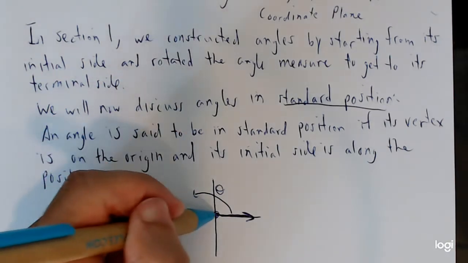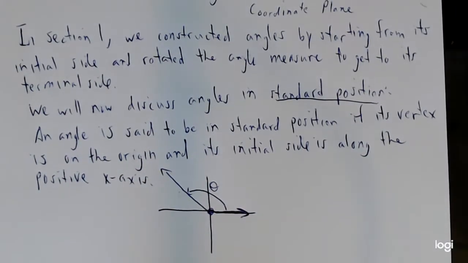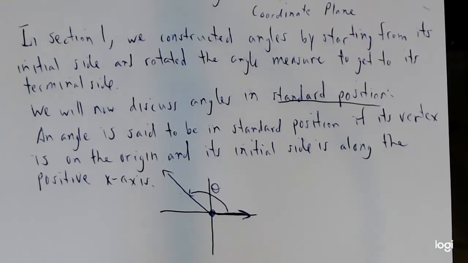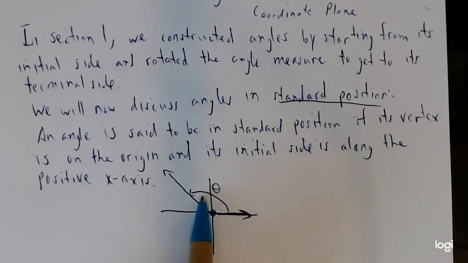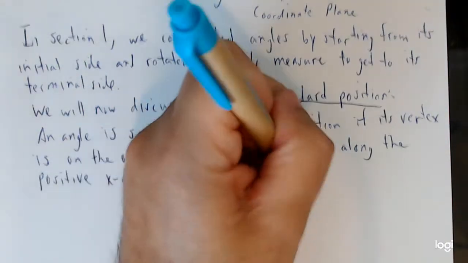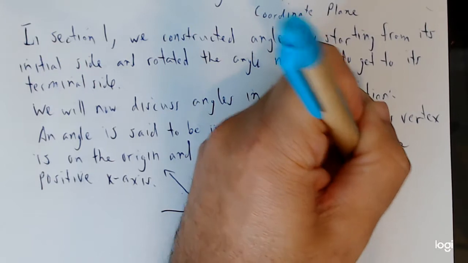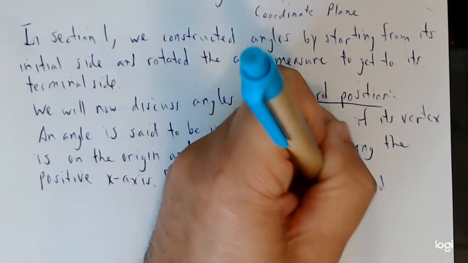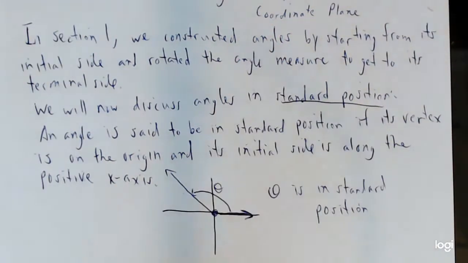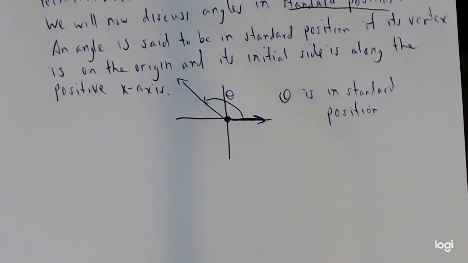So I start from the origin and I draw my terminal side. This is what it means for an angle to be in standard position. We always start with our initial side on the x-axis, and then we rotate to get to the terminal side, whatever theta is. So we would now say this angle theta is in standard position.